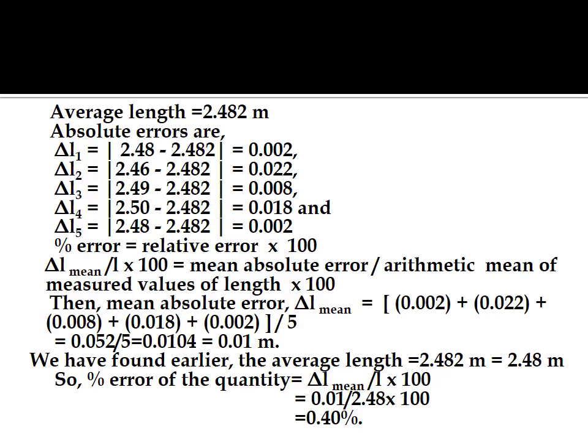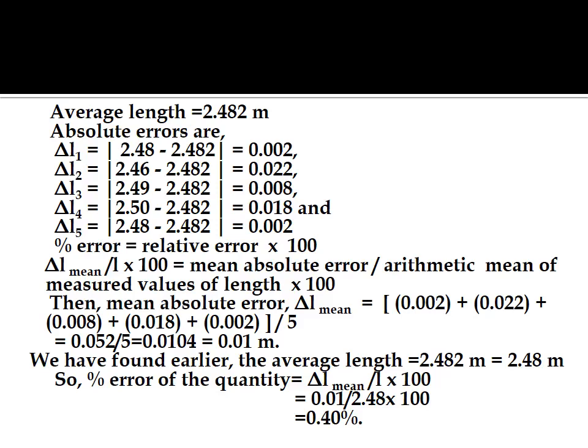Then it is equal to 0.052 divided by 5, which is equal to 0.0104, which is equal to 0.01.